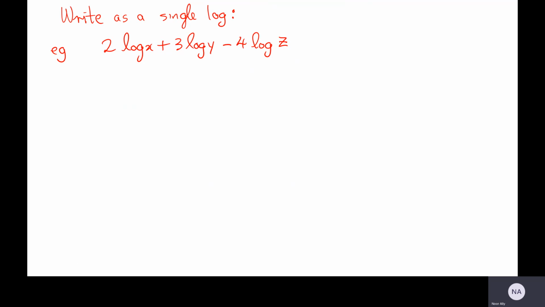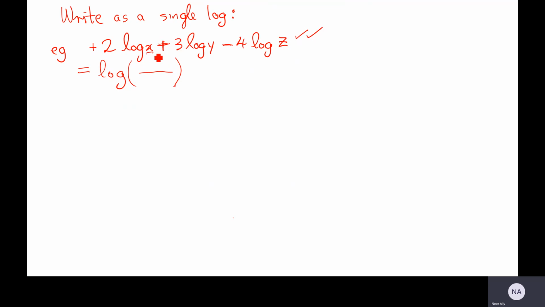Do you think you can write that as a single log? In other words, the log of what single fraction can be separated into that answer? Well, all we do is just look at the signs. There's a plus, there's a plus, there's a minus, so we must have a fraction.